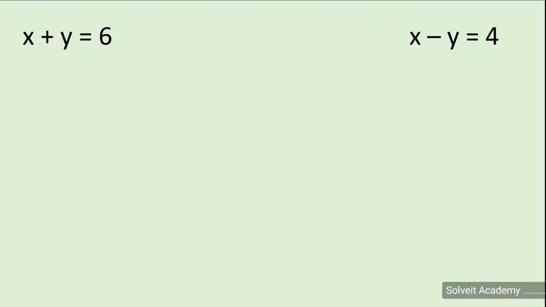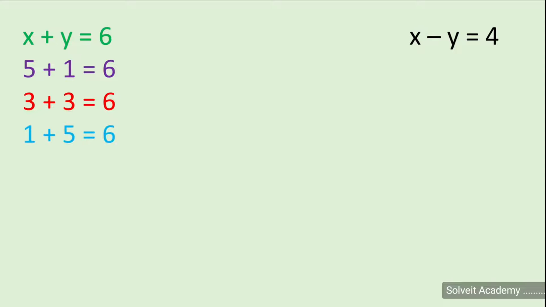For example, if we observe x plus y equal to 6, then we can write 5 plus 1 equal to 6. It means that when x is 5, y must be 1. And when x is 3, y must be 3 because the sum of 3 and 3 is 6.